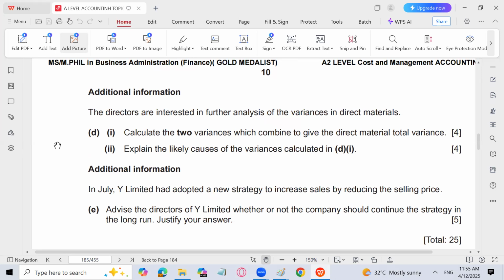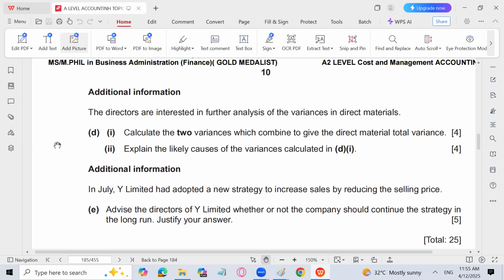But in the future, in the long run, if we see that more customers will be attracted if we decrease the selling price, then we can go for it, because decreasing selling price will definitely increase sales. Maybe our sales volume will increase to 1120, and that will result in more sales and more profit.